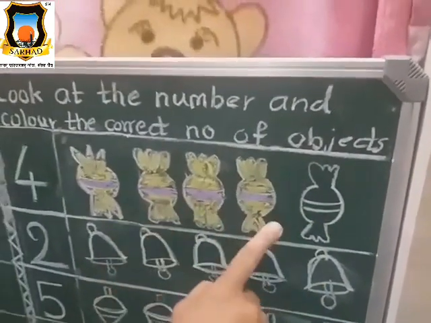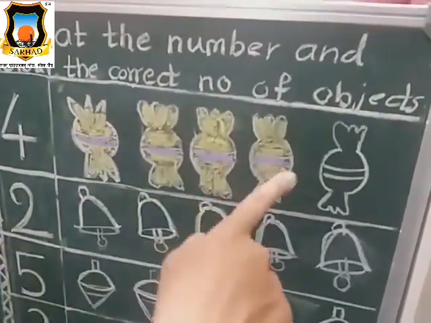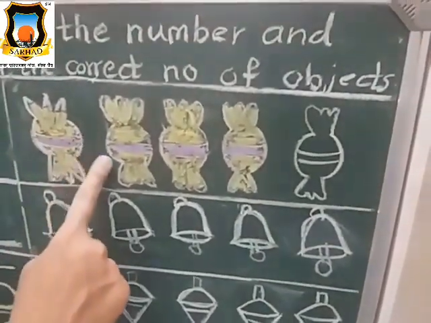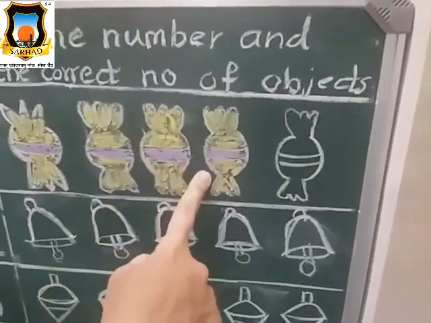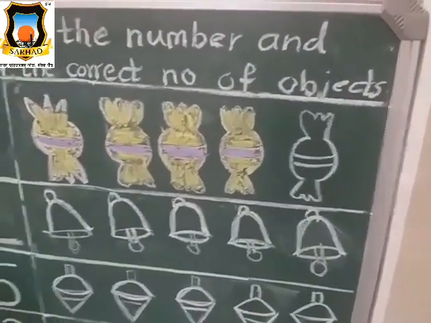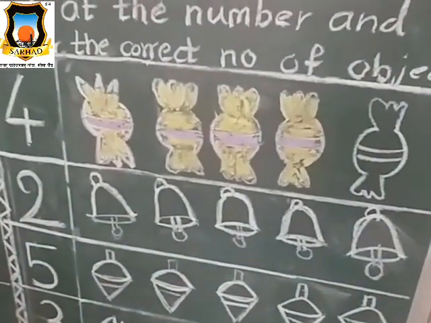This is 4 toffees. Can we color this toffee? No, because we have to color only 4 toffees. Okay. Again we have to count it. 1, 2, 3 and 4. Okay. Now our next number is 2. So we have to color only 2 bells.